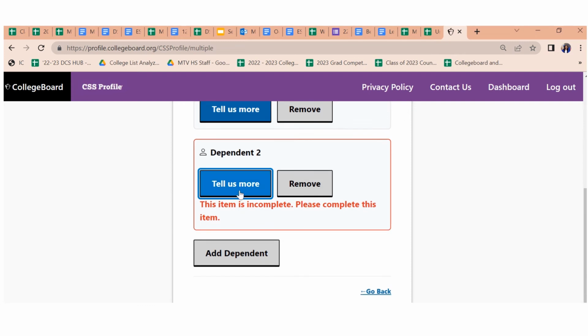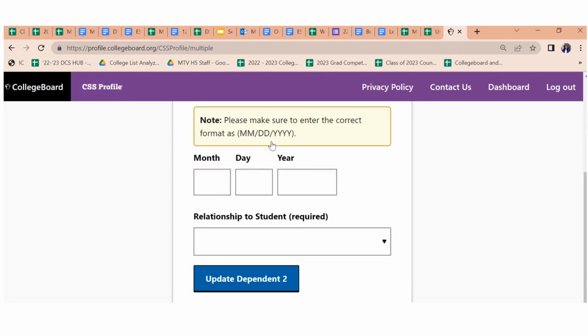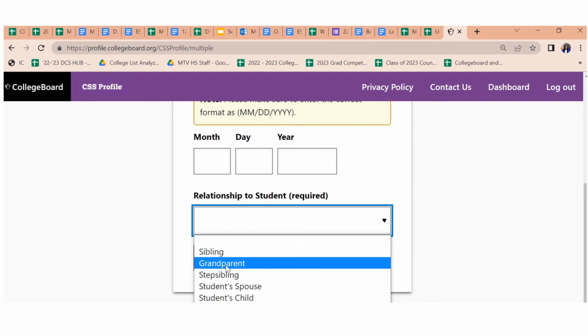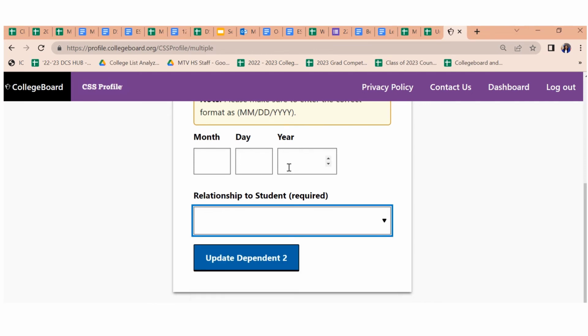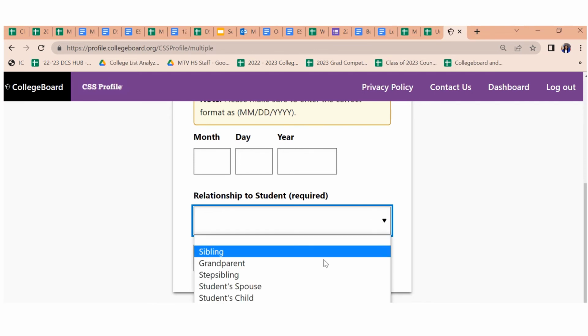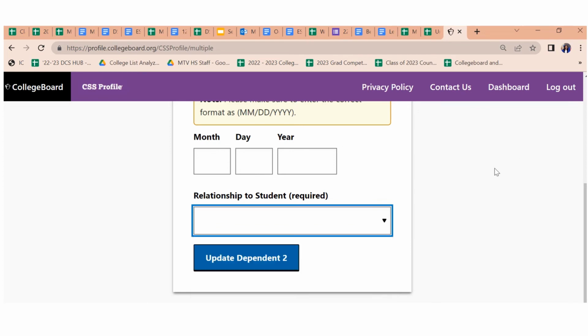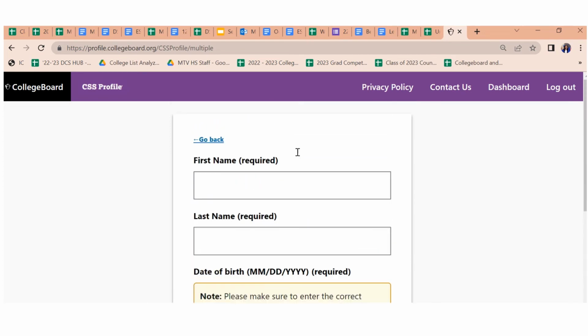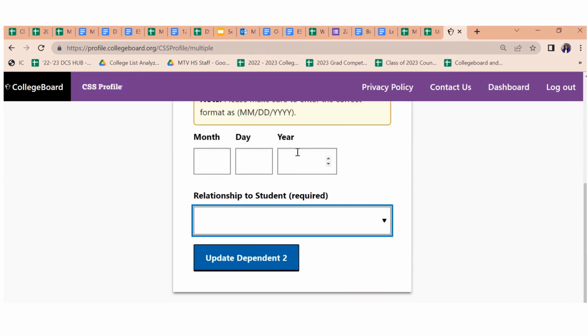This is a place where if you have, let's say, a grandparent or another relative living with you, you can put that in here as long as the parent is providing more than half of their financial support for that person.